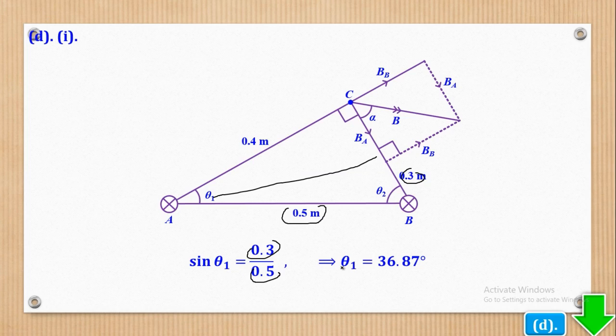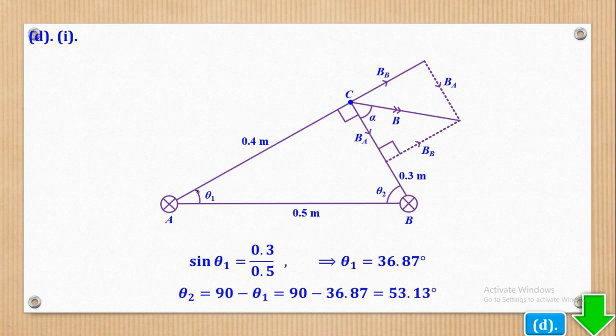That implies that theta 1 is equal to 36.87. Then angles of a triangle add up to 180, therefore theta 2 will be equal to 90 minus theta 1, since this is already 90, to give you 53.13. So for this slide, that's how marks can be awarded.